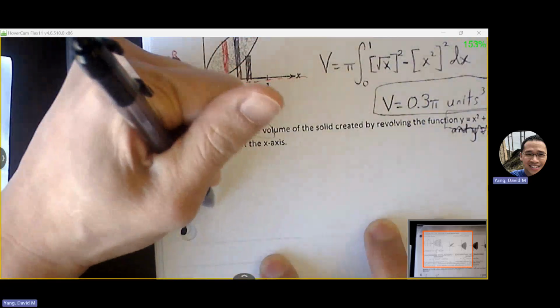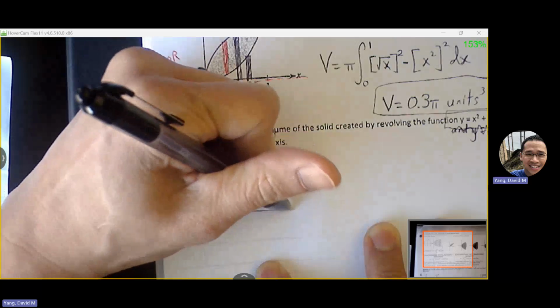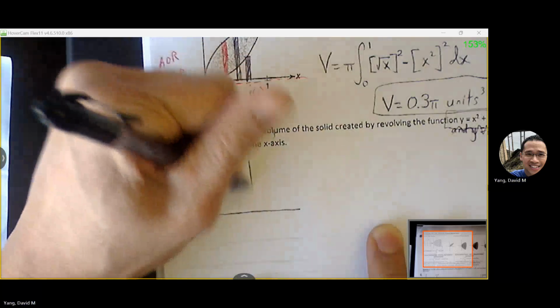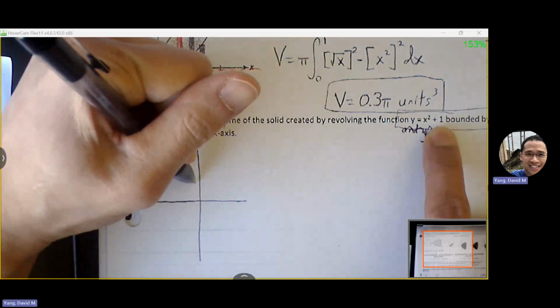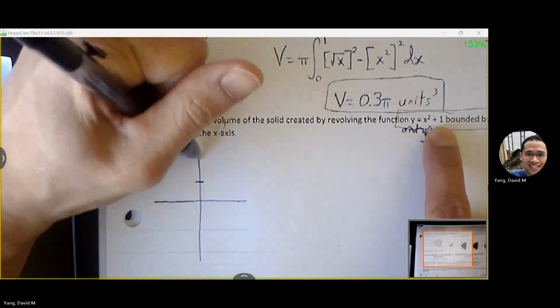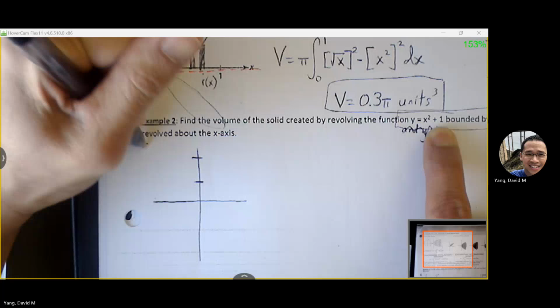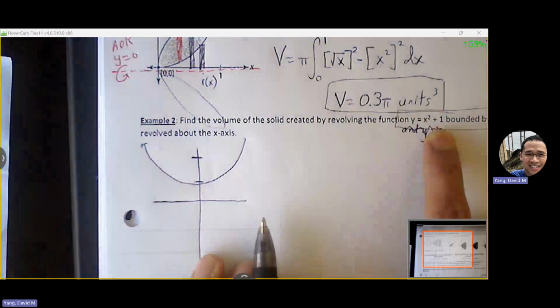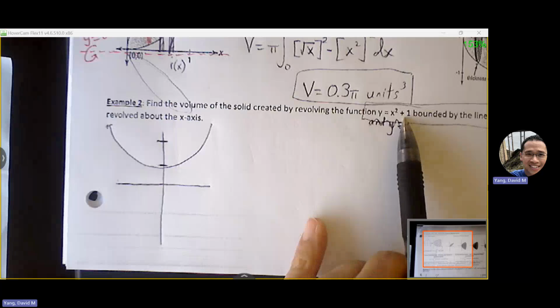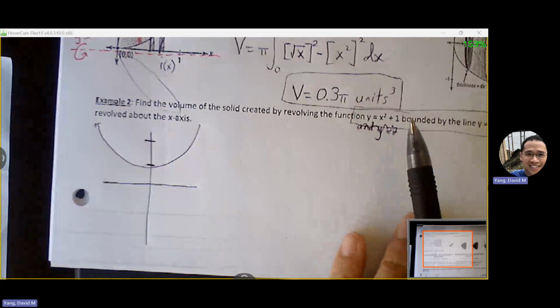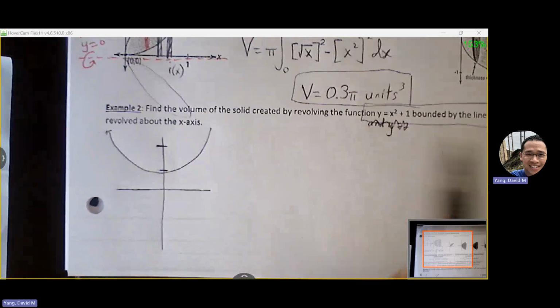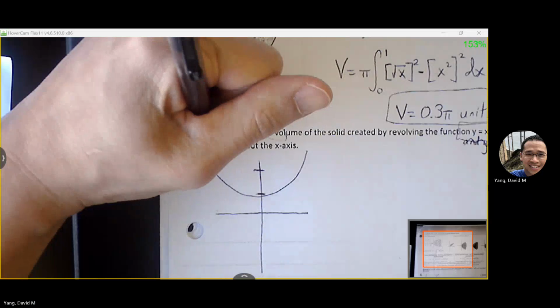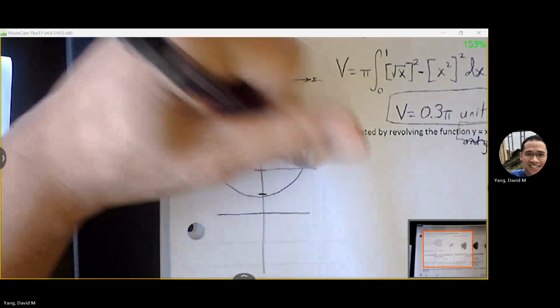So we have y equals x squared plus 1. That's going to be a parabola that opens up at 1. So there's my parabola, y equals x squared plus 1. That's y-intercept at 1. Bounded by the line y equals 2. So here's our shaded region.